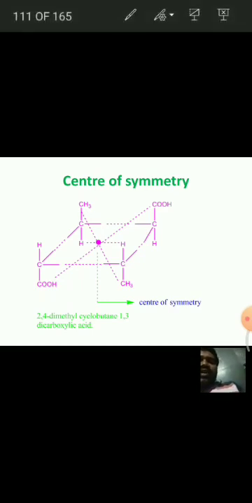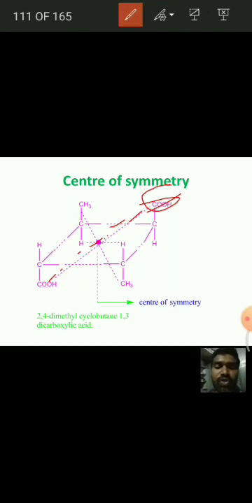See here for the example, this molecule is having a center of symmetry. This is the point. See, if we draw a line from the COOH to the center, and if we further extend the line, at the same distance we find another COOH group. This can be applicable to all groups present in the molecule.